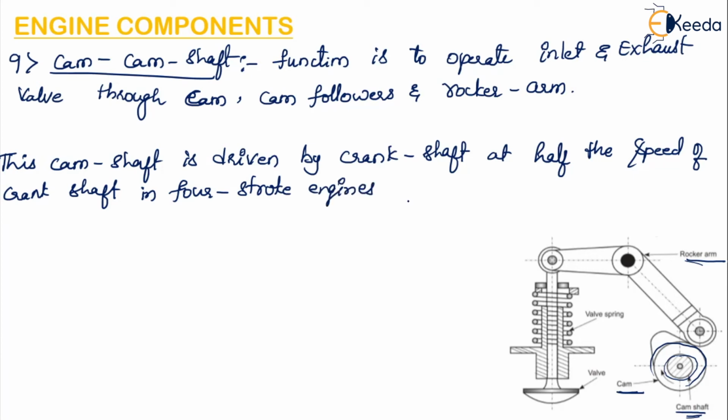So if the speed of the crankshaft is 4, then it will move the camshaft at speed 2, that is half the speed of the crankshaft.